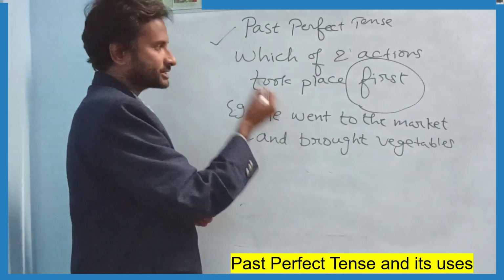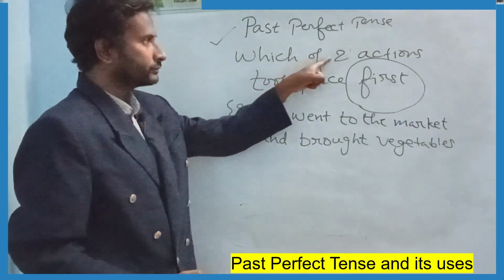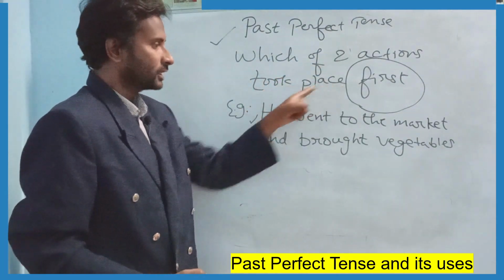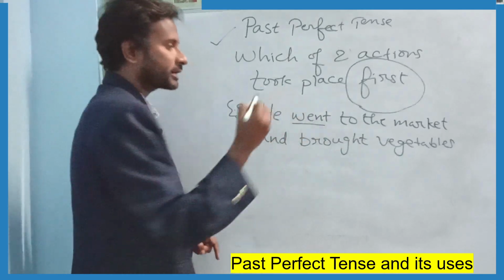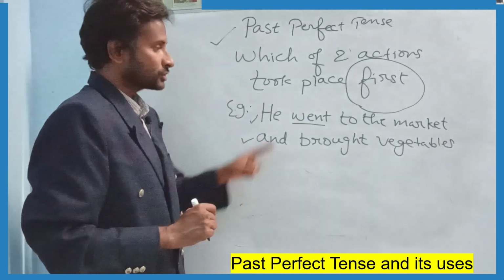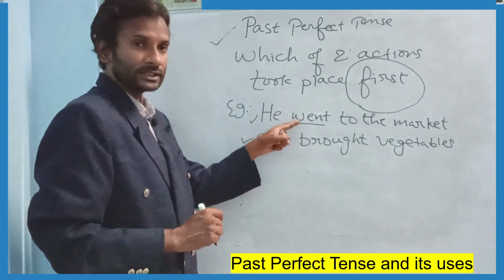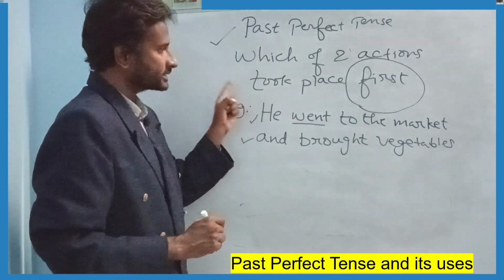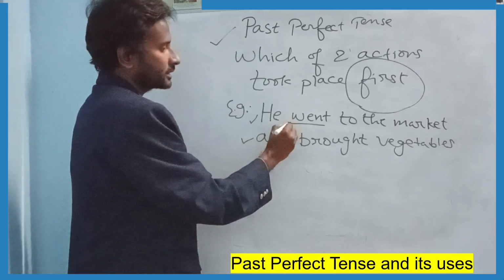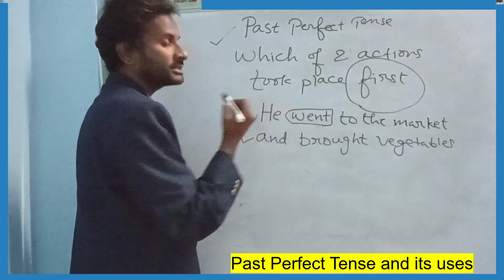Now, there are two past actions. What is the rule? Which of the two actions took place first? This one, he went to the market, happened first. So, that particular action has to be mentioned in past perfect tense. Here we need to use had plus V3.